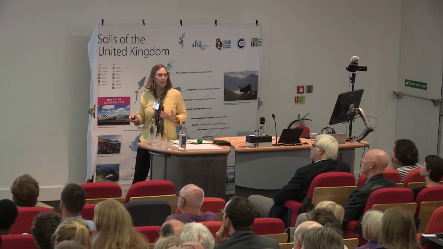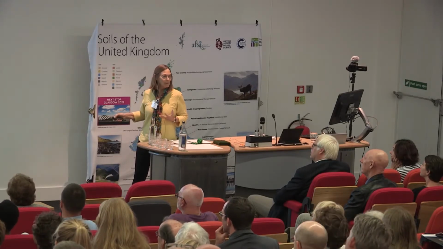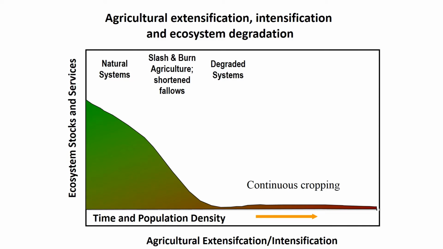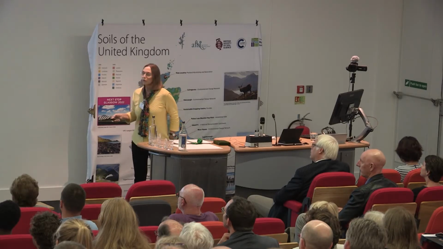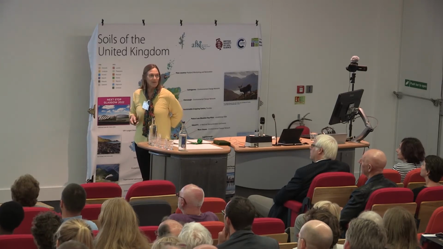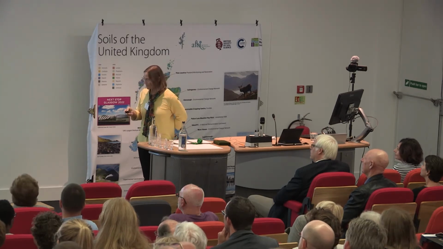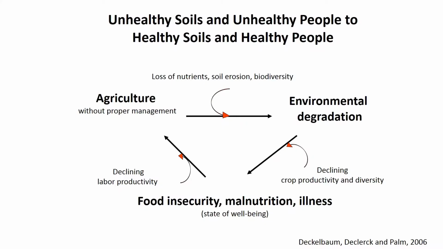And so I showed you that graph before where you take soils down, yields go down, and then you fallow and it goes up. With continuous cropping without adding nutrients, you deplete your yields as well as your soil stocks and many, many ecosystem services that go with it. So some colleagues and I, and Steve McGrath, this is where we started thinking about this. Is this a system? You have to really look at the system. So you have agriculture without proper management.